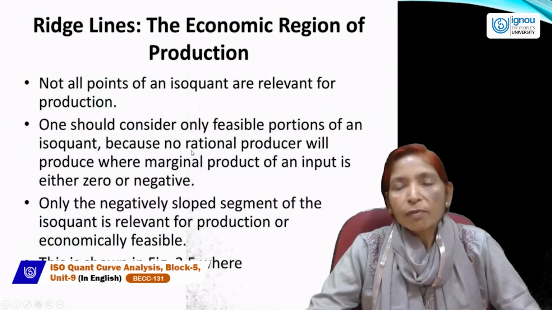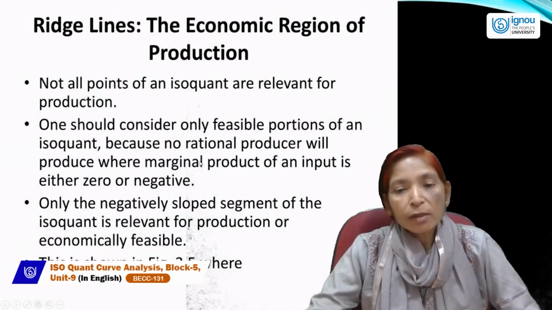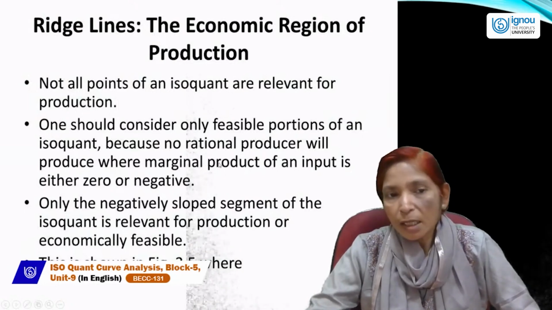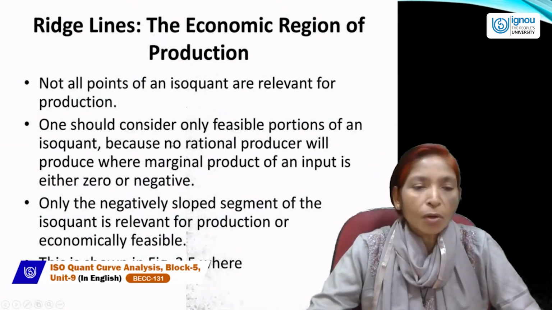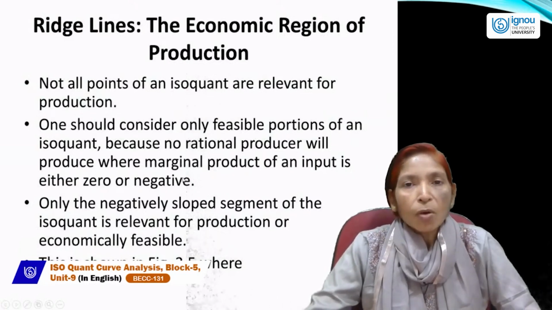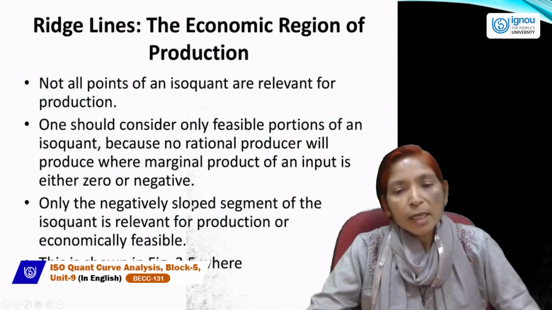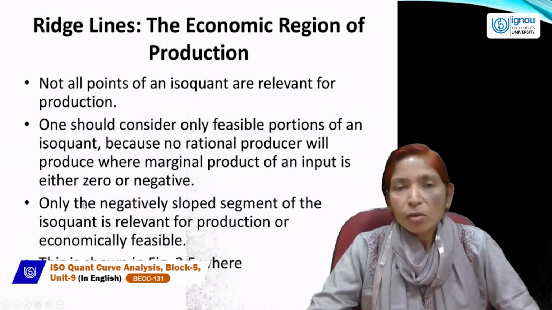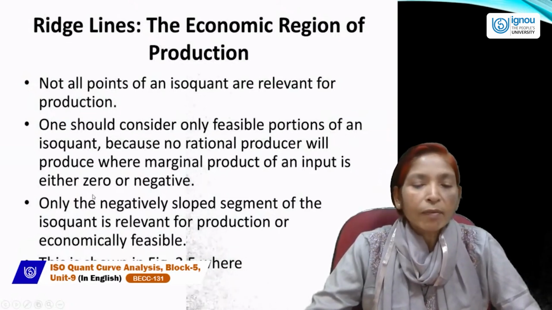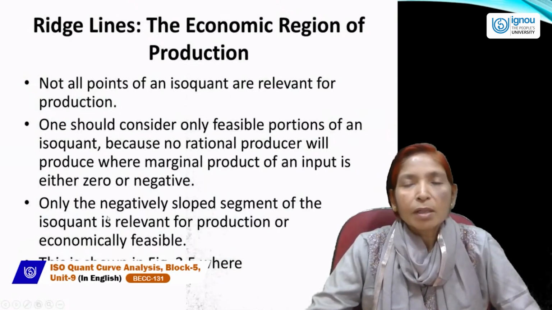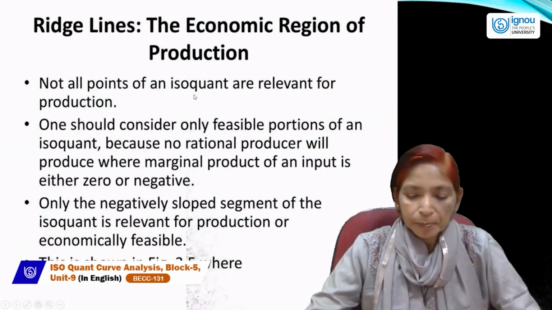So a rational producer will not choose that combination where the marginal productivity of any input is either zero or negative. Only the negatively sloped segment of the isoquant is relevant for production or economically feasible.